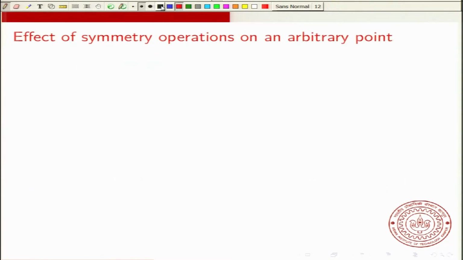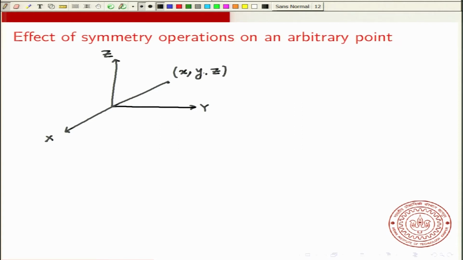So what we are doing again is to take some arbitrary point. The arbitrary point that we are considering will have coordinates x, y, z. Now when we perform the symmetry operation on the crystal, then we will also perform it on this arbitrary point, and this point will go somewhere.